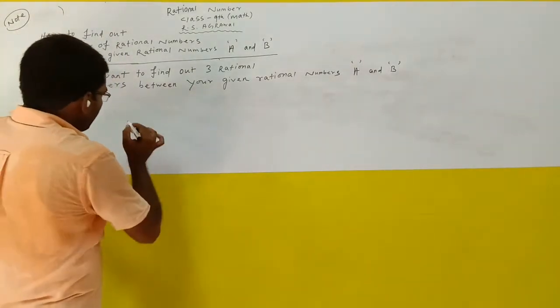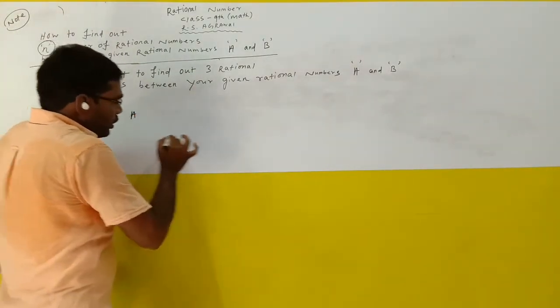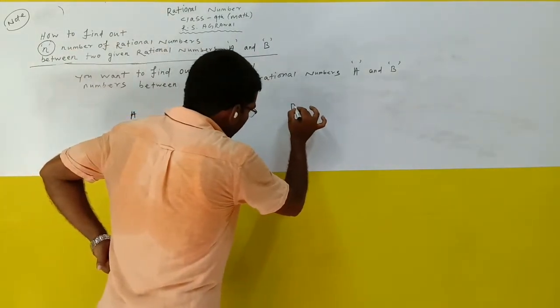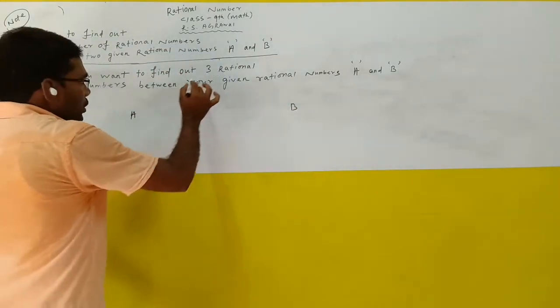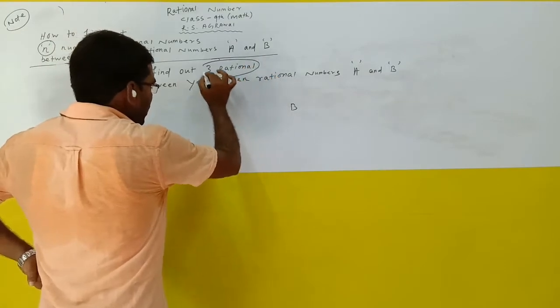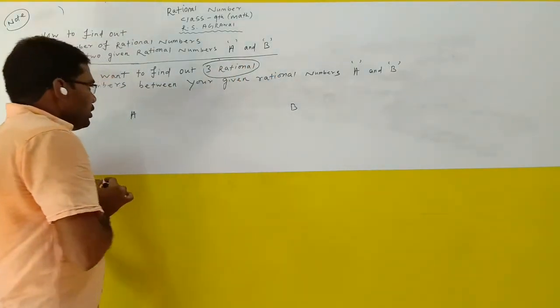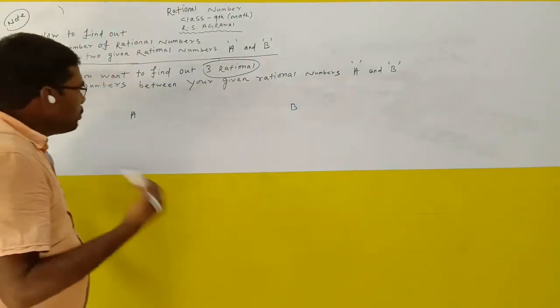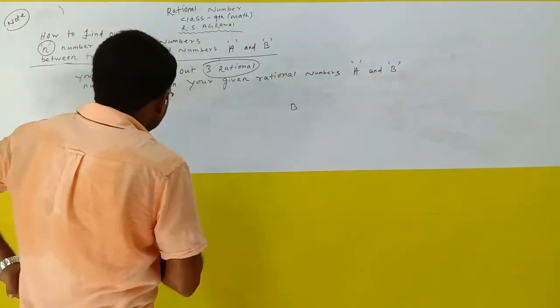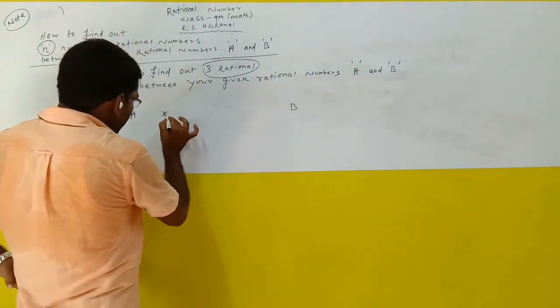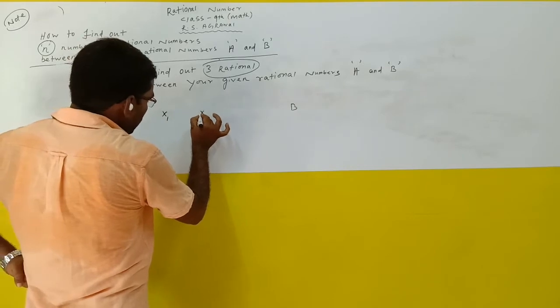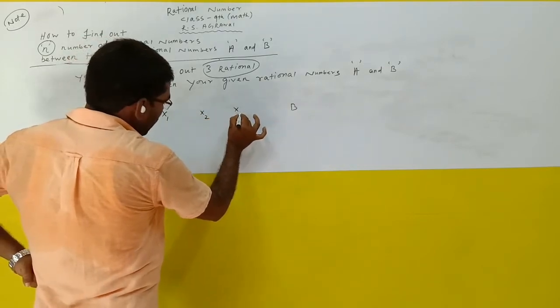Then between your given rational numbers A and B, the three rational numbers will lie. Suppose you consider the three rational numbers as x1, x2 and x3.